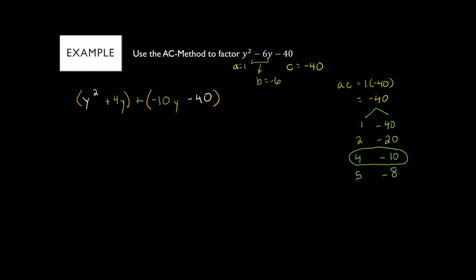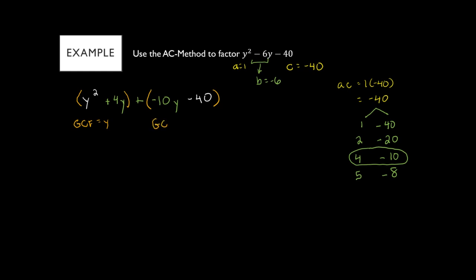Then we want to find the greatest common factor for each pair. So if I look at the first pair, I have y squared plus 4y. My greatest common factor I can factor out is a y. So that has the smallest exponent, basically no exponent.